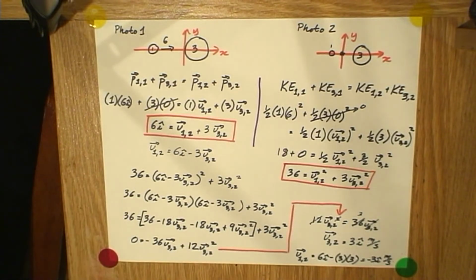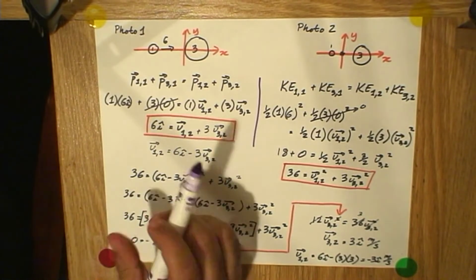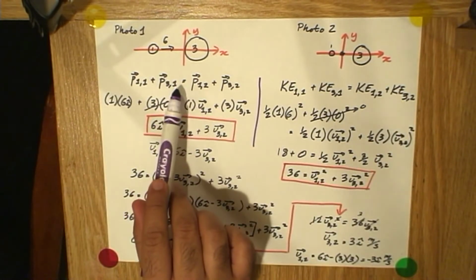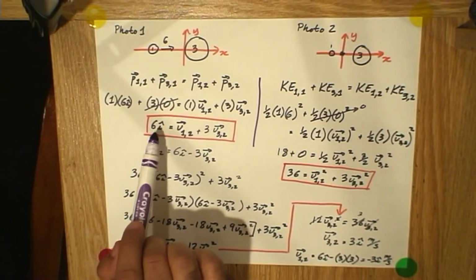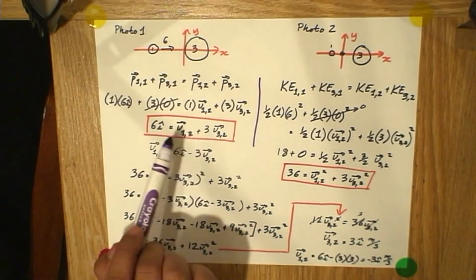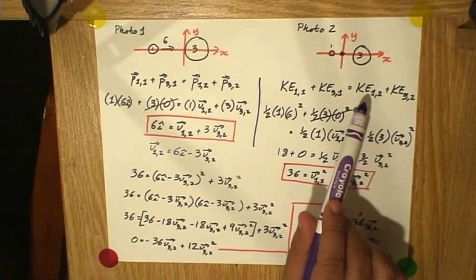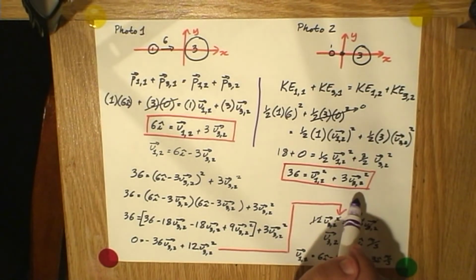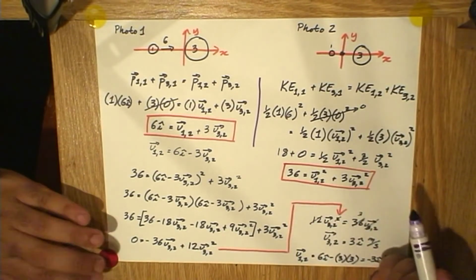The first ball moves leftwards at 3 meters per second, and the 3 kilogram ball moves rightwards at 3 meters per second. So to review how we did this entire question, we started with conservation of momentum and conservation of energy. Conservation of momentum took us part of the way, but we ended up with one equation with 2 unknowns. That can't be solved. Conservation of energy gave us a second relationship between these two variables.